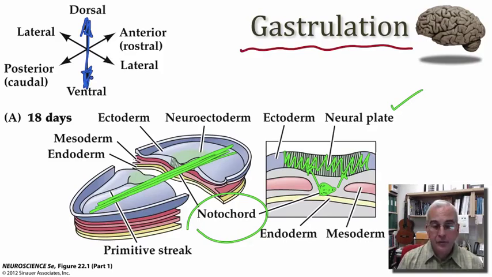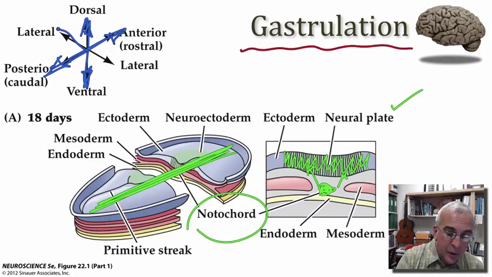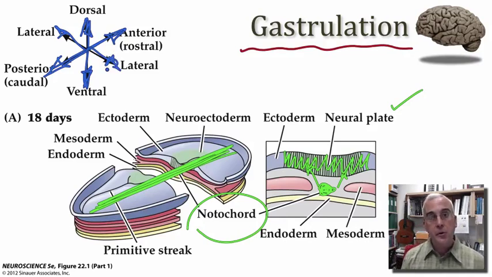The length of the notochord establishes the anterior to posterior axis of the developing embryo. And the fact that it's a midline structure helps to define the axis from medial out to lateral, obviously in both directions. So the presence of the notochord helps to define the bilateral axis of symmetry in the developing nervous system.